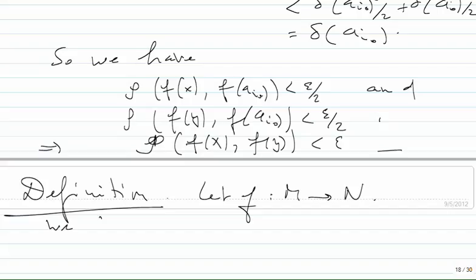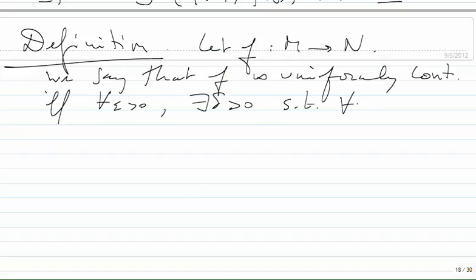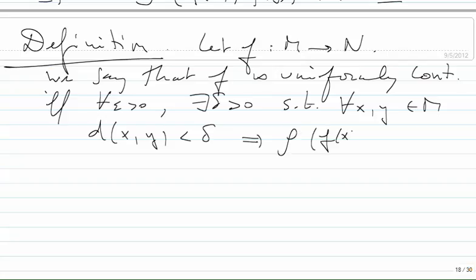We say that f is uniformly continuous if and only if for every epsilon there exists delta positive such that for any x and y in M, the distance from x to y less than delta implies the distance from f of x to f of y less than epsilon.